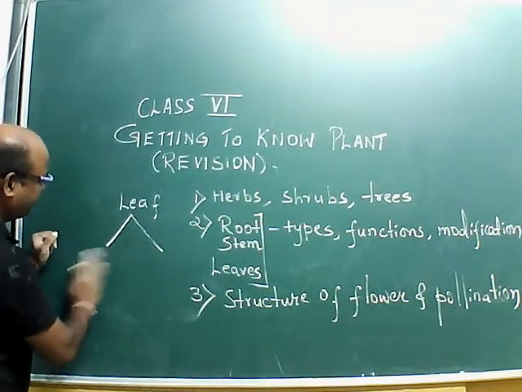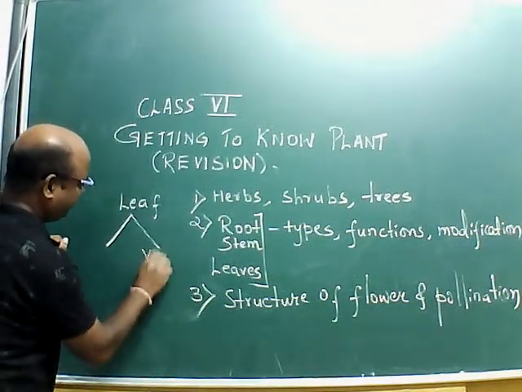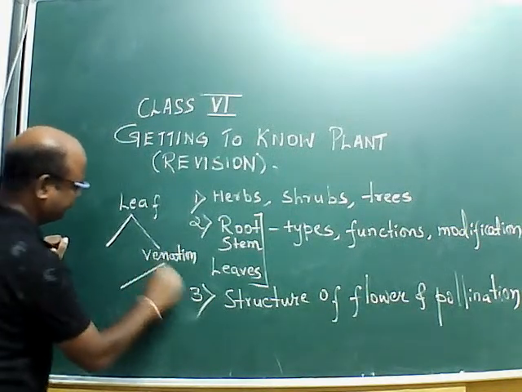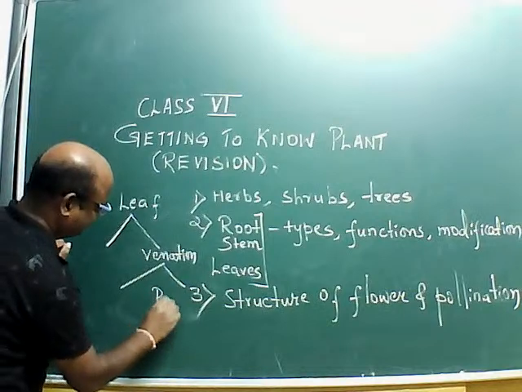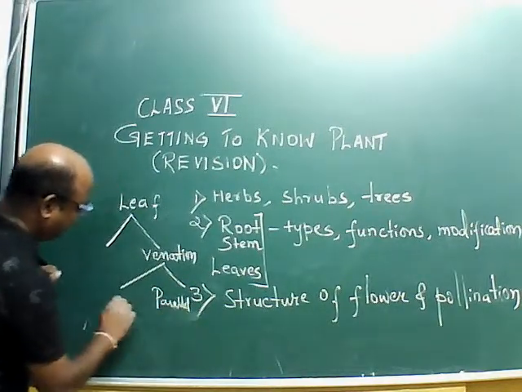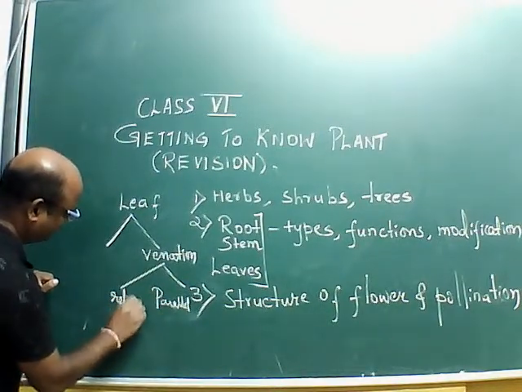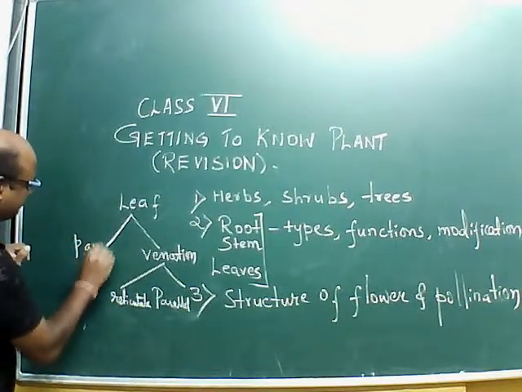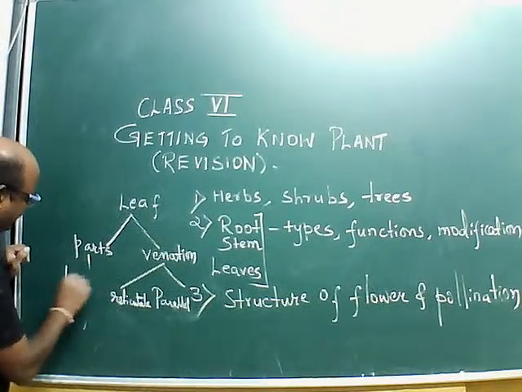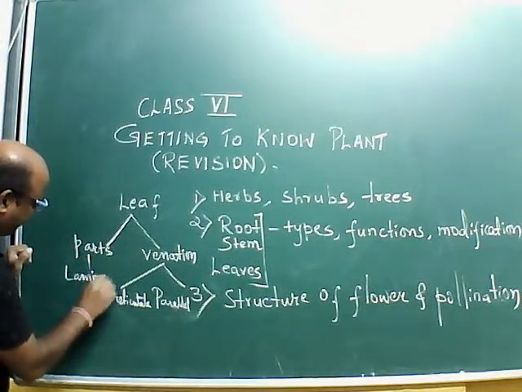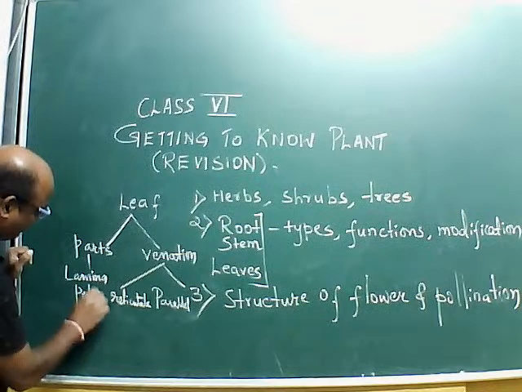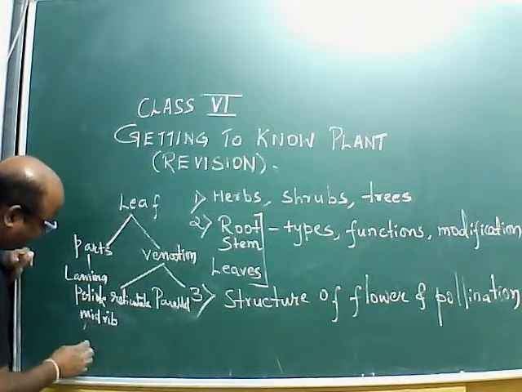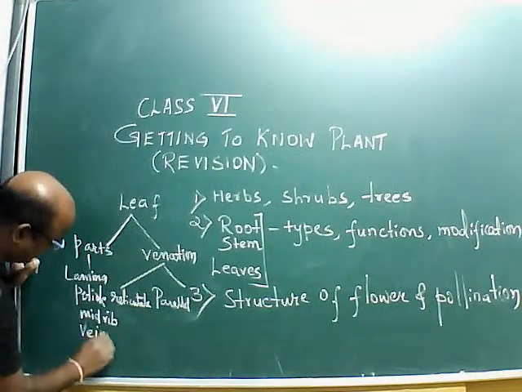Reticulate and parallel. Then parts. What are there? Lamina, petiole, midrib. Then what is there? Veins.